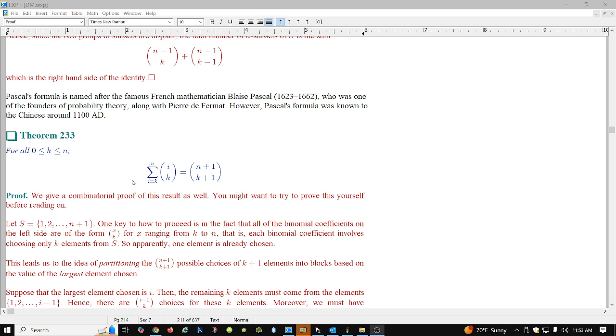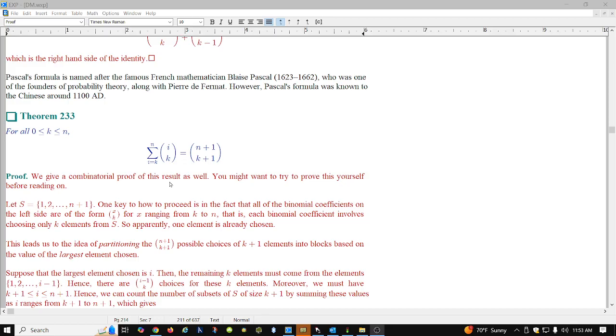So again, since the right side involves a choice of k plus 1 integers, but the left side only involves choices, plural, of k integers, an integer has already been chosen or ruled out or something.